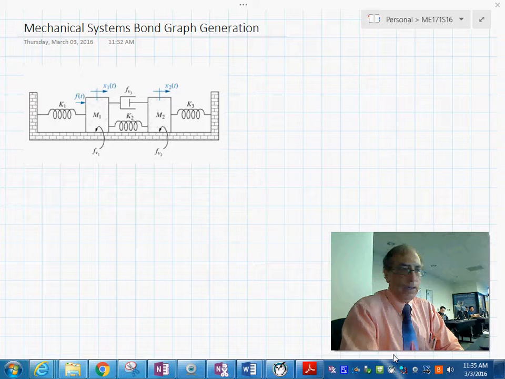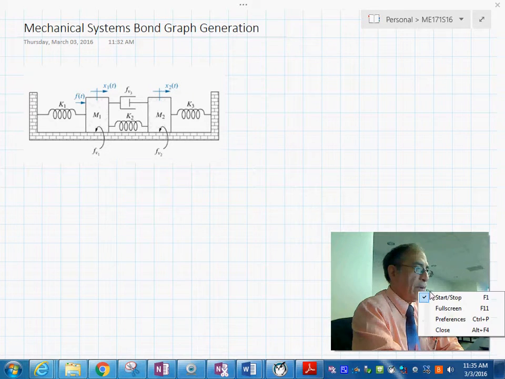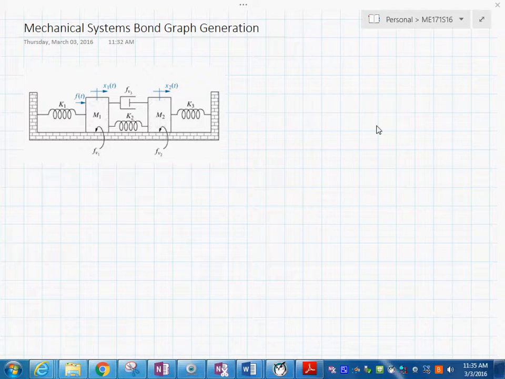So let's take a look at the system in here and recognize what we have in here. I think one way to do this is we could even build the bond graph right on the system.